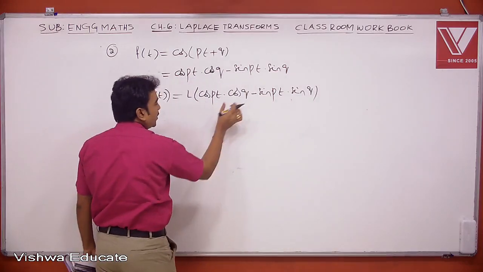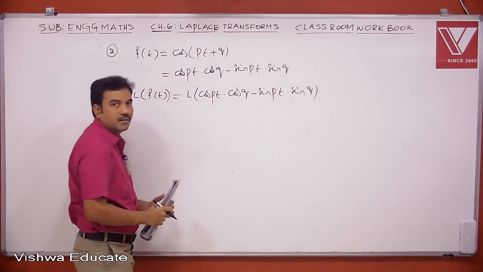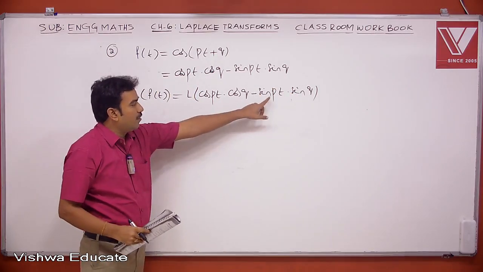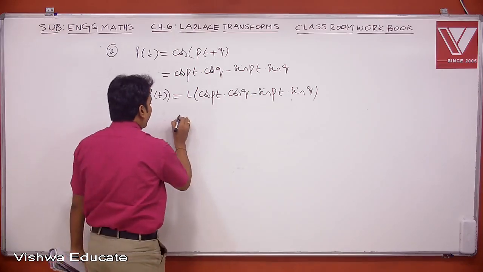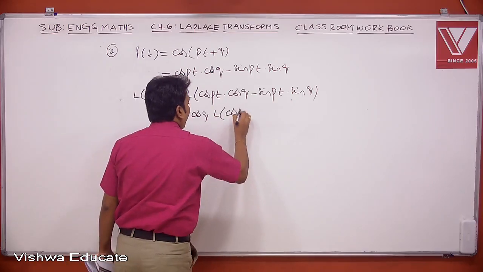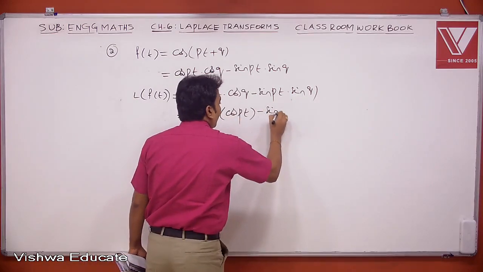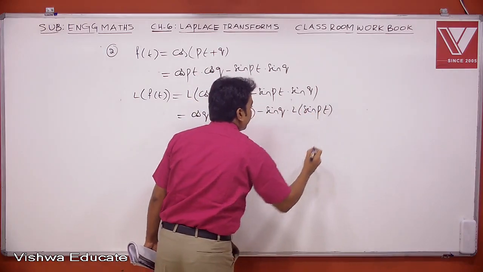Now p is constant and q is constant. So cos q is constant, sin q is constant. Now between the functions of t, we have a minus sign, so you can apply the linear property by taking cos q outside. Cos q into Laplace of cos pt minus sin q into Laplace of sin pt.